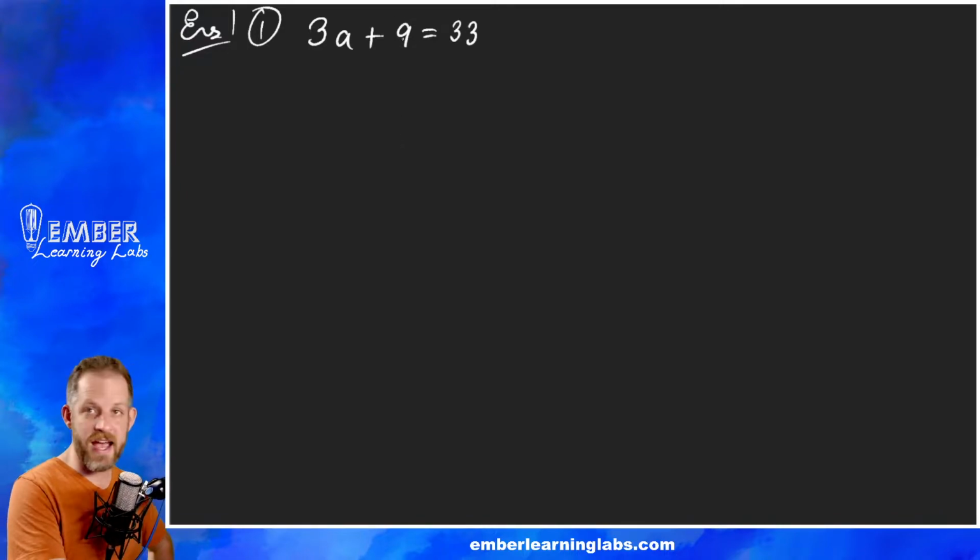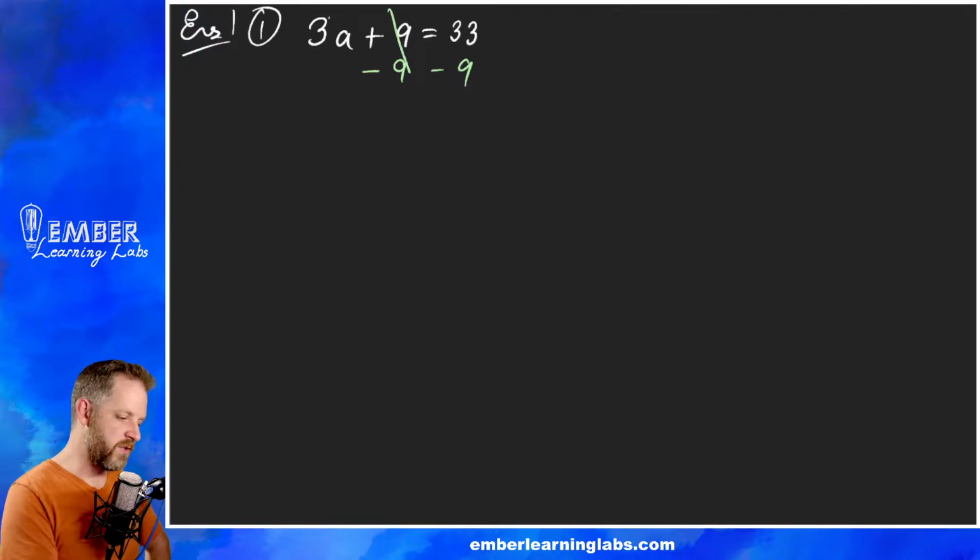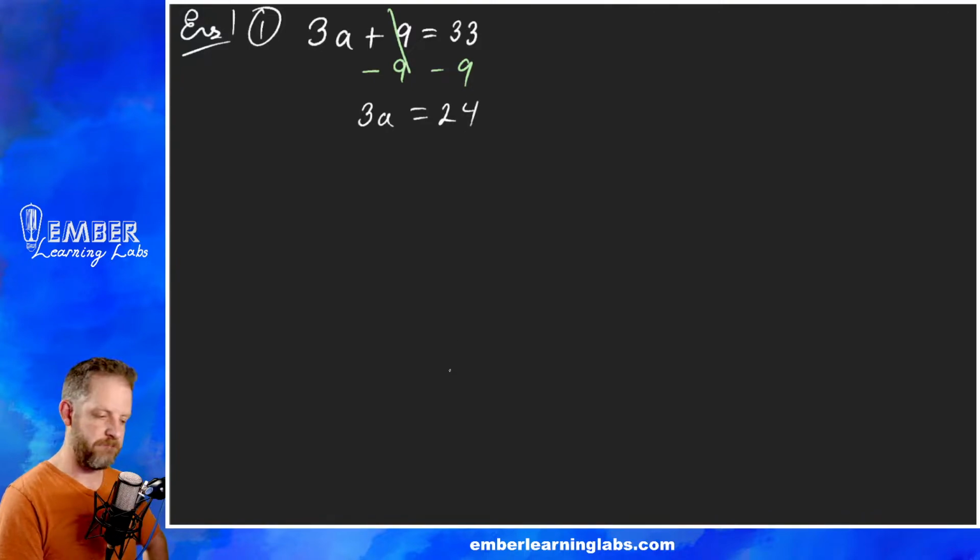So this 9 is added, so to get rid of it, we're going to subtract 9 from both sides. So over here it cancels, leaving us with just 3a. We're going to bring down what we haven't touched. And then 33 minus 9 is 24, right?